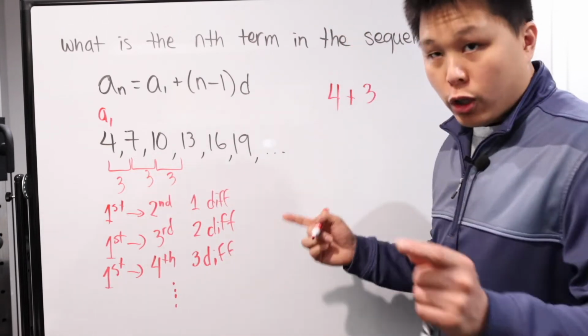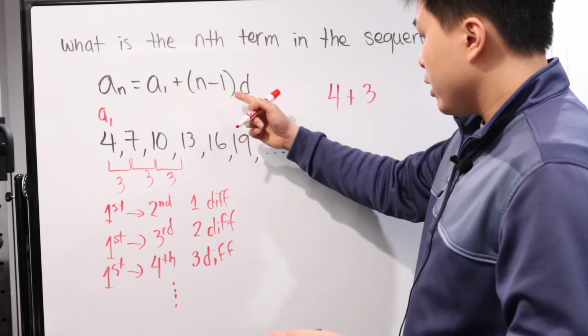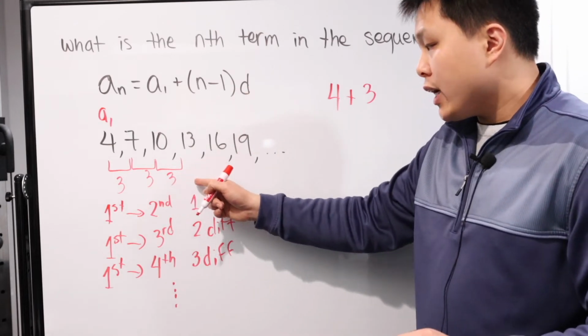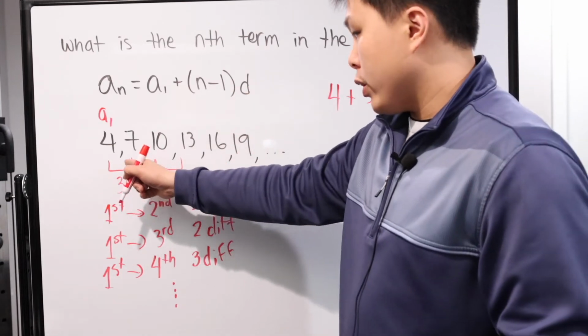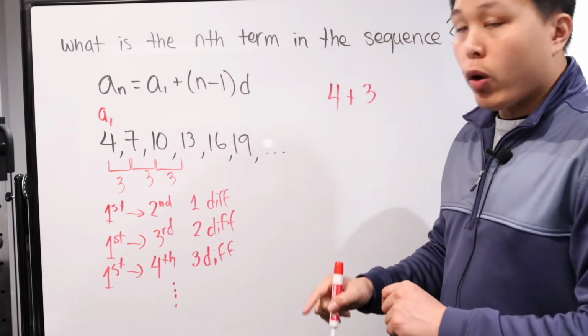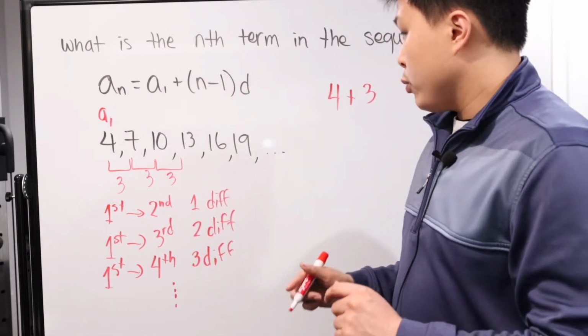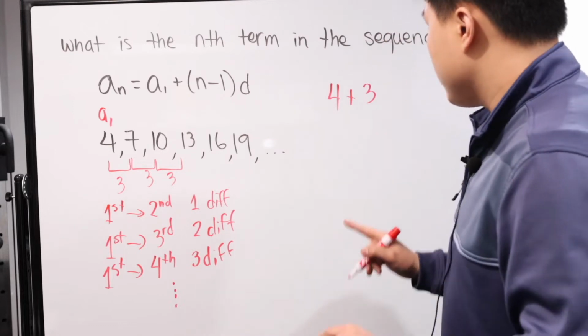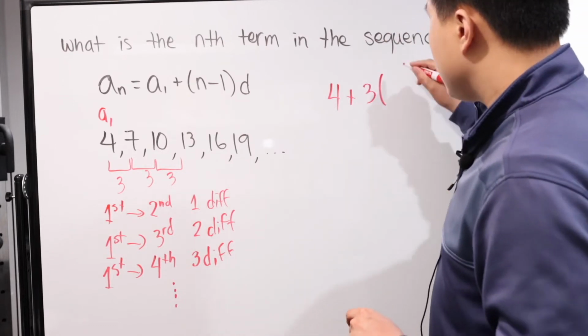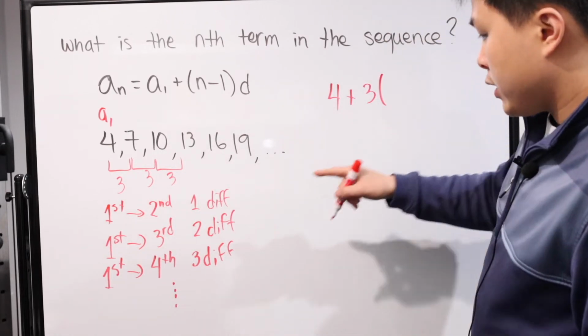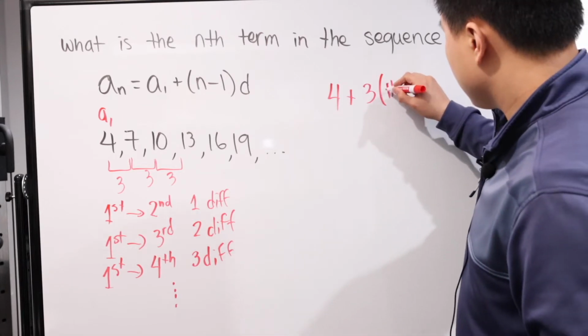Well, it depends on what term we want. If we want the 10th, we actually only have to add 3 nine times, because we have our initial one and then keep on going. If we want the 30th term, we only have to add 3 twenty-nine times. So there we go. This is basically the number of differences.